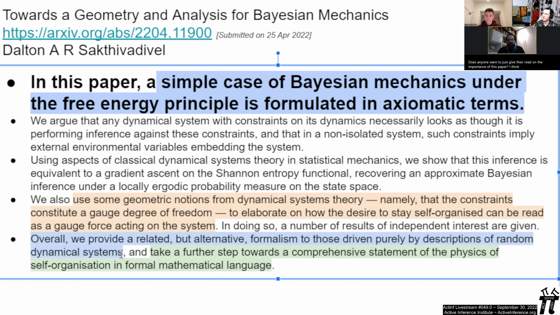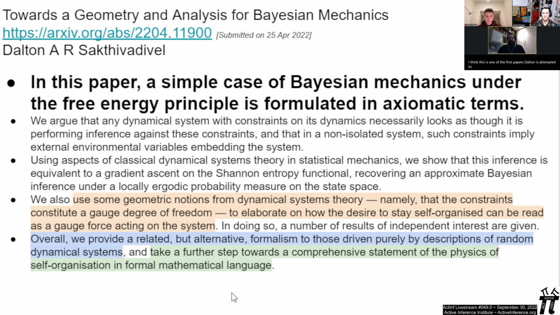I think this is one of the first papers Dalton has attempted to provide a rigorous mathematical foundation for FEP by providing some formal proofs of relevant theorems, but without going into a lot of technical jargon. This paper is pretty accessible for people even not specialized in mathematical proofs and so on.